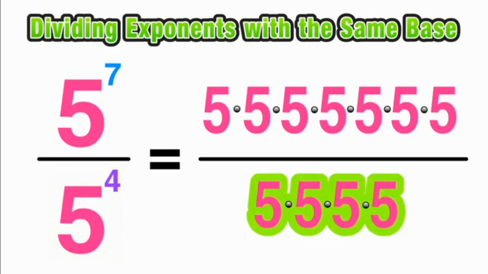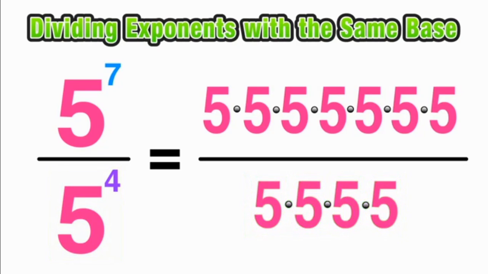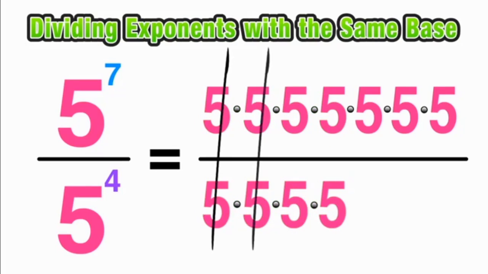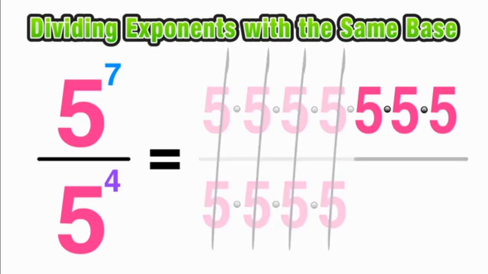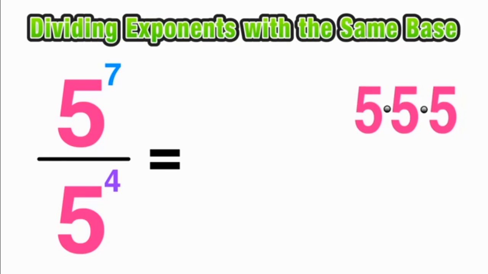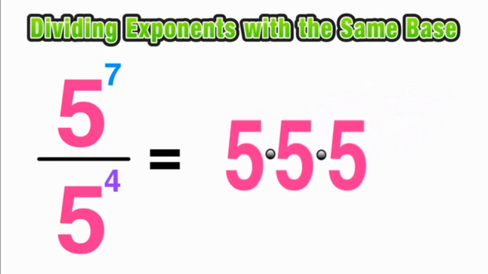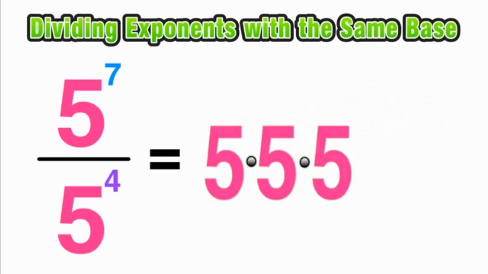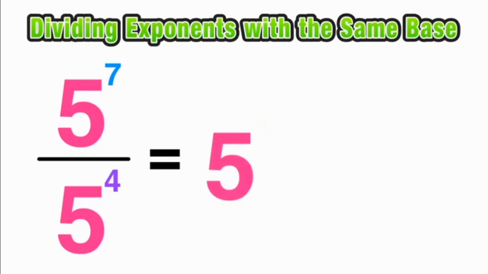Now, by applying our understanding of fractions, we can line up the numerator with the denominator and see that we have a match of 4 5s on the top and the bottom that can be canceled out, since any number divided by itself is just 1. And what we're left with is 5 times 5 times 5. And another way to write this is 5 to the 3rd power.